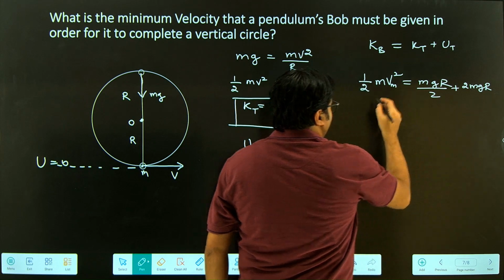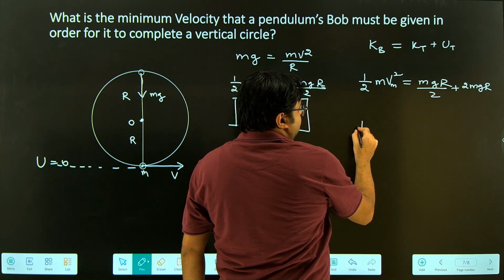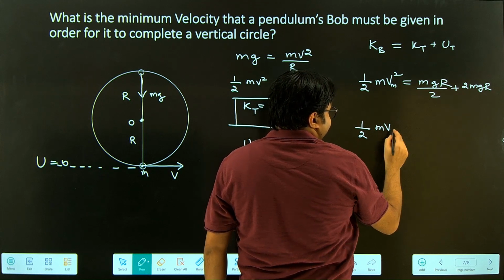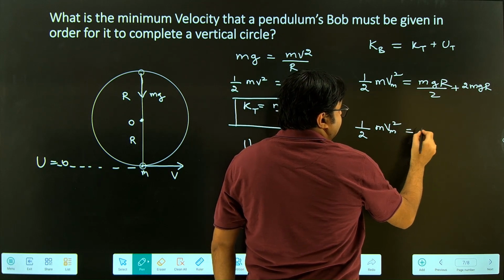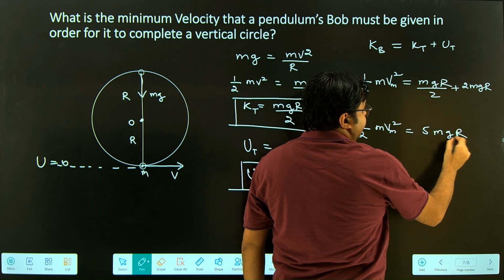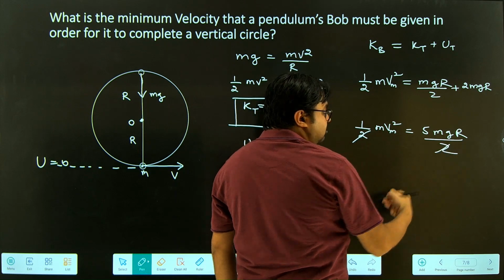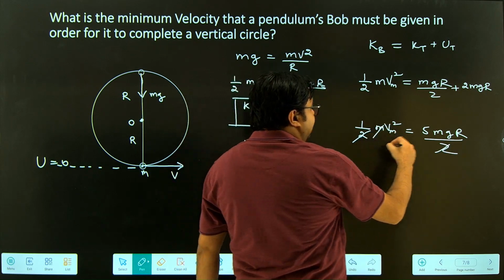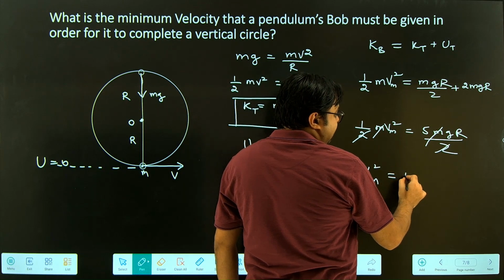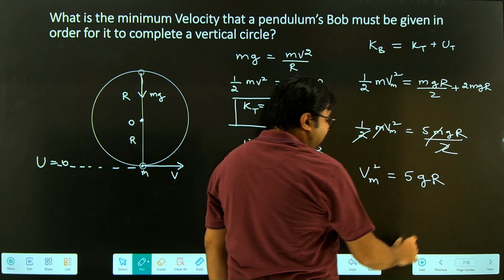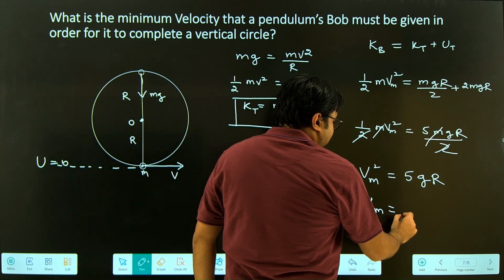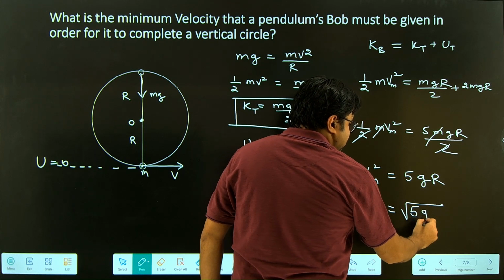So if you continue to solve this, we have half Vm square equal to, take the LCM and then add the terms, you will have 5 mgr divided by 2. You will see that 2 and 2 will get cancelled. So will m and m. The minimum velocity with which you will have to project it can now be quite easily obtained, because Vm square is 5gr and Vm would be equal to root of 5gr.